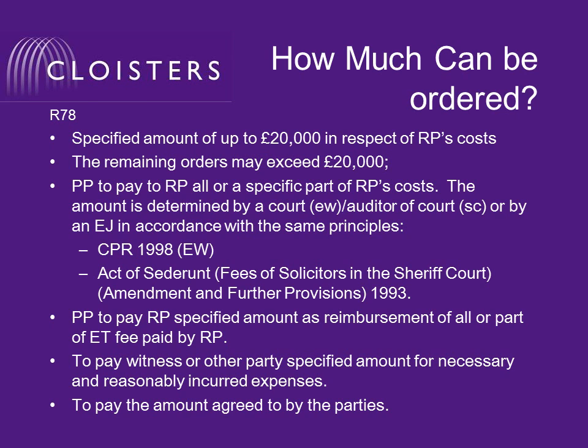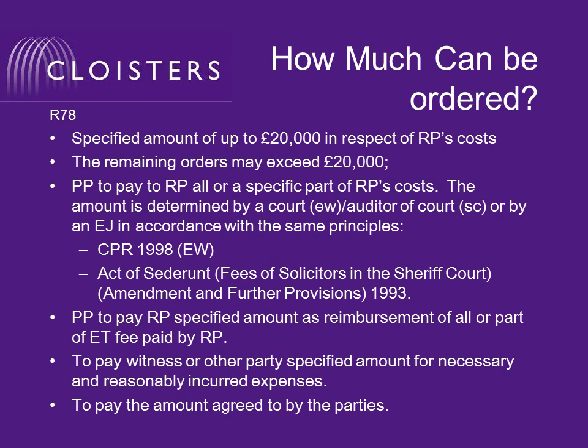Amendment and Further Provisions, 1993. Next, the paying party can be ordered to pay to the receiving party a specified amount, which can be reimbursement of all or part of the employment tribunal fee which the receiving party has paid.